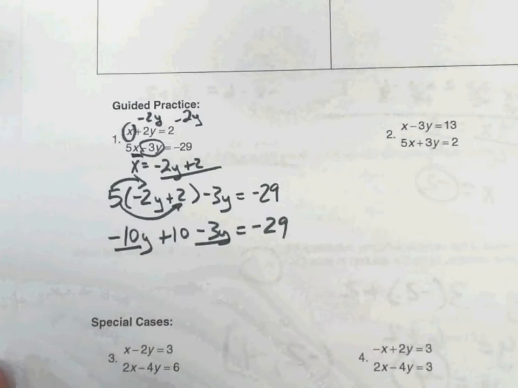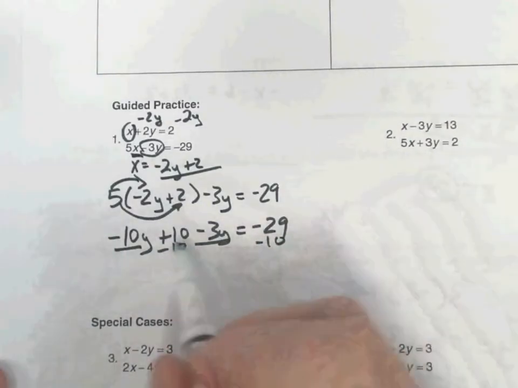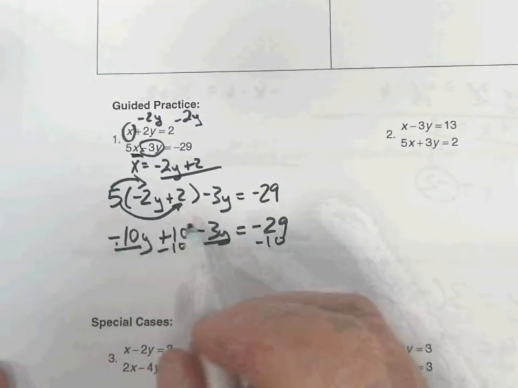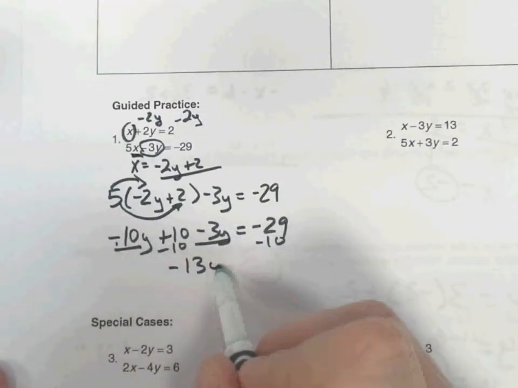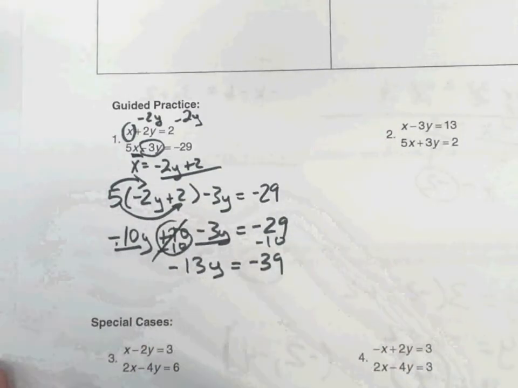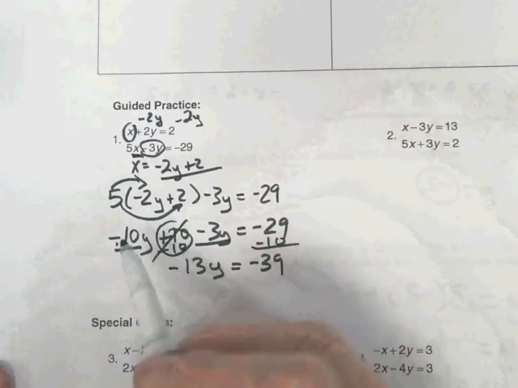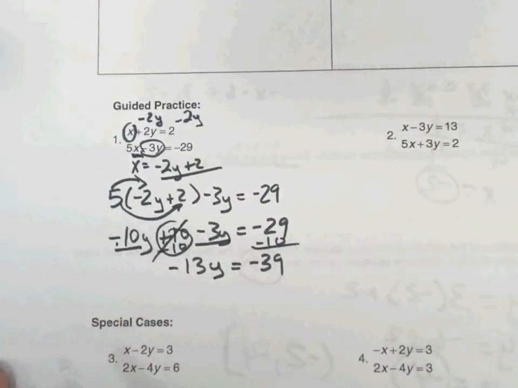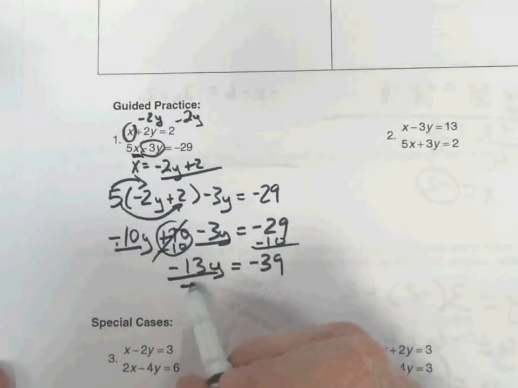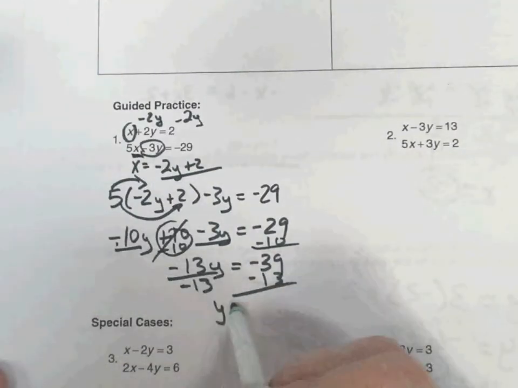Now I have 2 terms that are on the same side. I can get rid of the 10 right now by subtracting it, and this adds up to a negative 39. The negative 10y and the negative 3y add up to a negative 13y. Now all I have to do is divide by negative 13, and I'll have my answer.